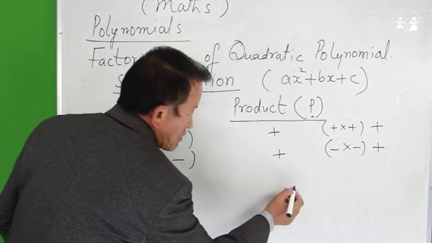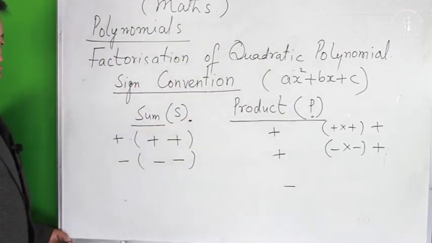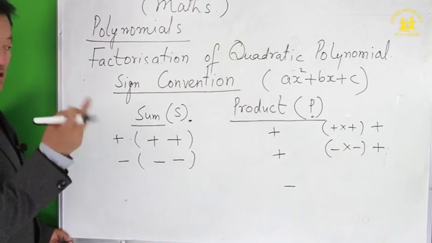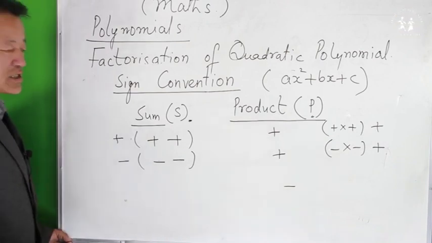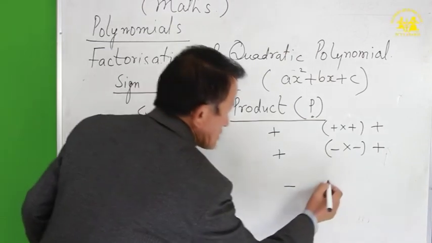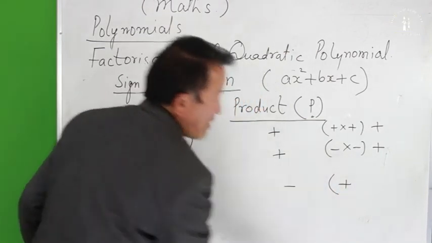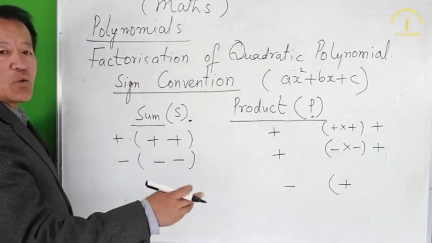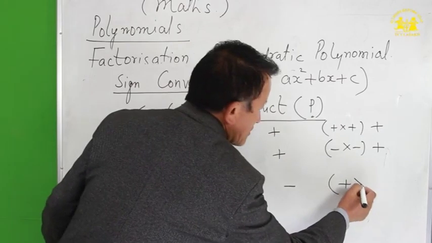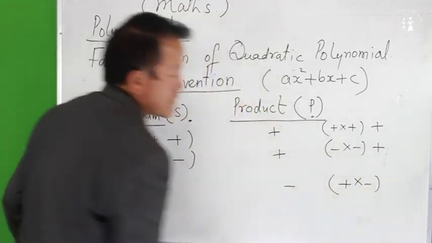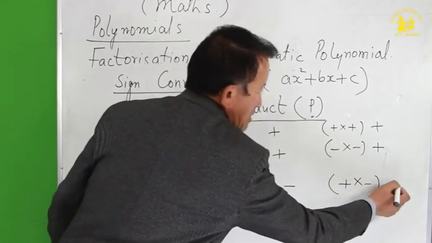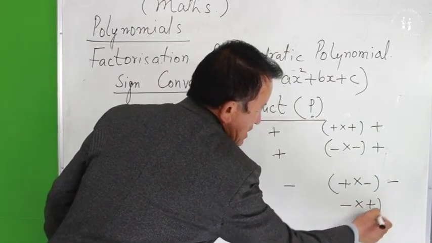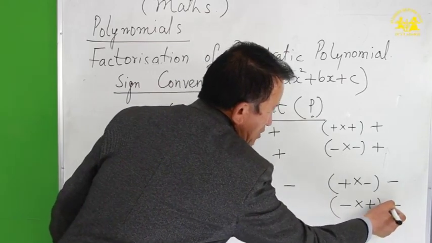If the sign of the product of the two numbers is negative, then what we can conclude is that one of the numbers will be positive and the other will be negative. Plus into minus, you get minus, or minus into plus. Again, the product will be negative.